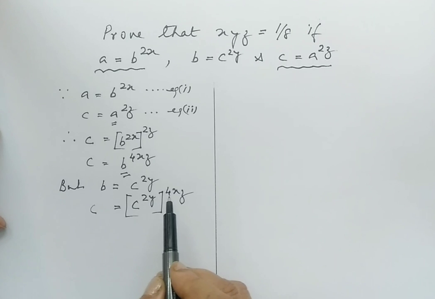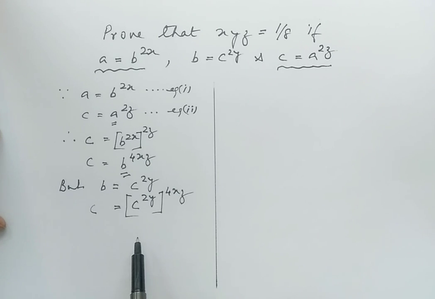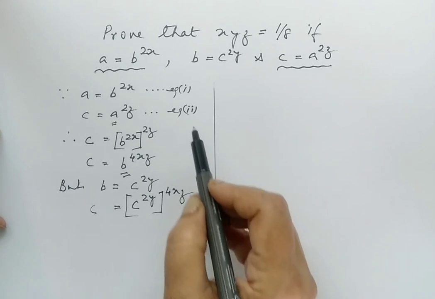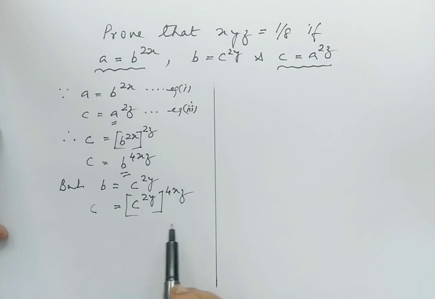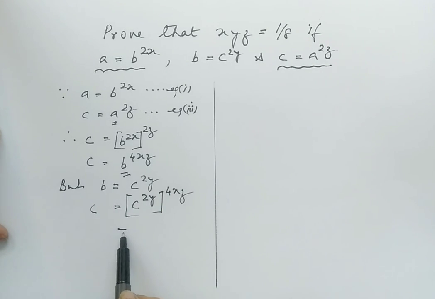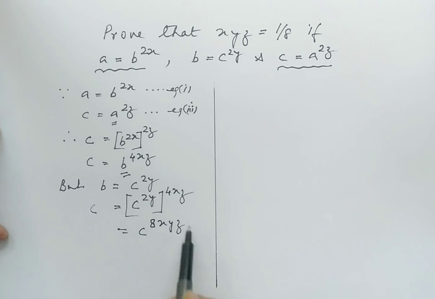Correct? So now we have the thing here. One sec, I think I should put another this. So let's multiply this further, and what we get is 2 into 4 is 8xyz, and c here.